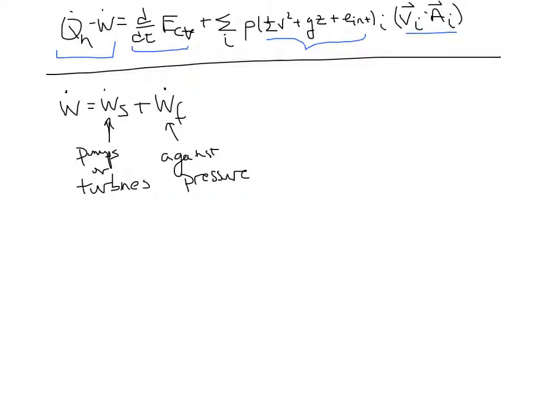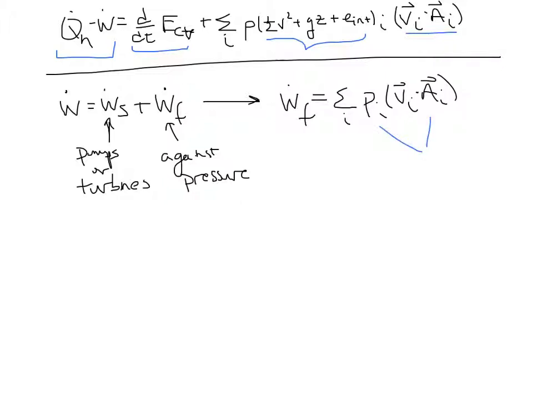And we went through a derivation where we looked at a volume of fluid that's moving along a conduit, and we found that W_F dot is equal to the sum over the faces of our control volume of P_i V_i dot A_i. Now where that arose from was P times A. P times A was the force on that face, so P_i A_i is equal to the force, and then velocity times time was the distance over which that force was applied, so the work is force times distance.